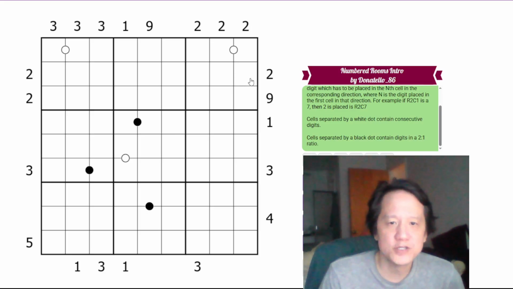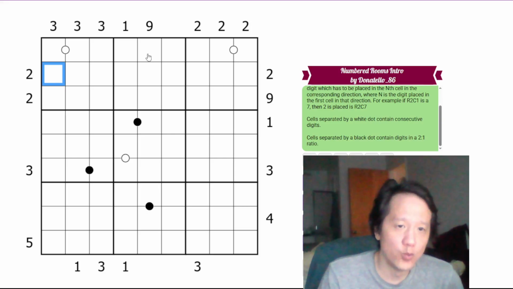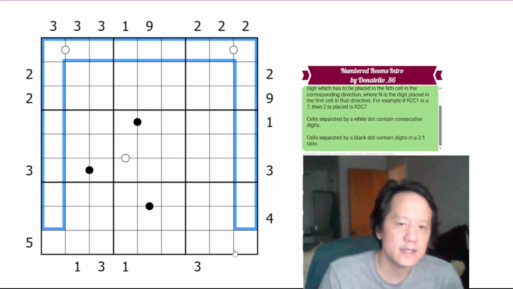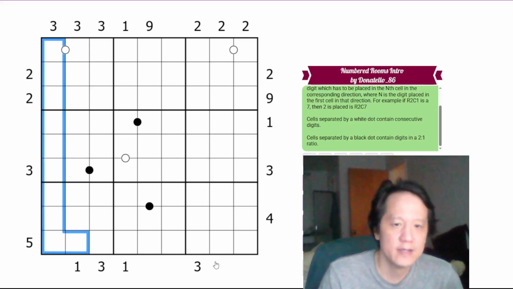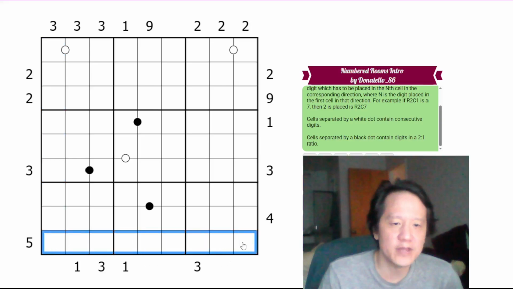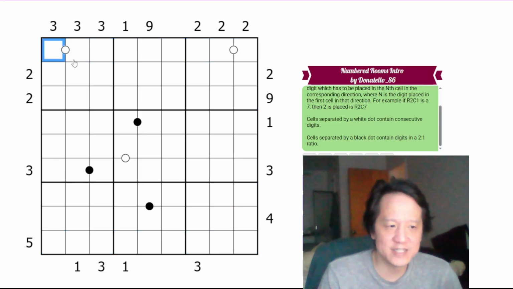Okay, so anytime you have a numbered rooms clue on the outside that is not a 1, you know that the first digit cannot be 1.